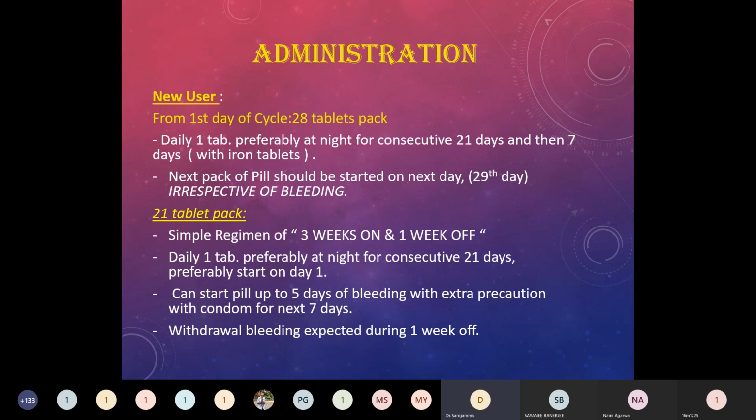In both cases she has to start on the first day of the cycle. In the 28-day cycle, she will take till the last day, but she'll have the withdrawal bleeding in the last 7 days. And there is no break between the packs, and she will start the next pack after the completion of the first pack, that is on day 29, irrespective of bleeding.